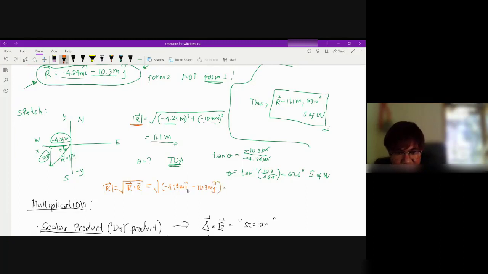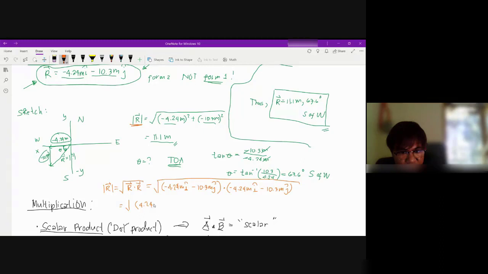Then scalar product, copy the same vector. So you have minus 4.24 meters I hat minus 10.3 meters J hat, and then the square root. Only the same unit vectors contribute. So you have negative here times negative there, that becomes positive.